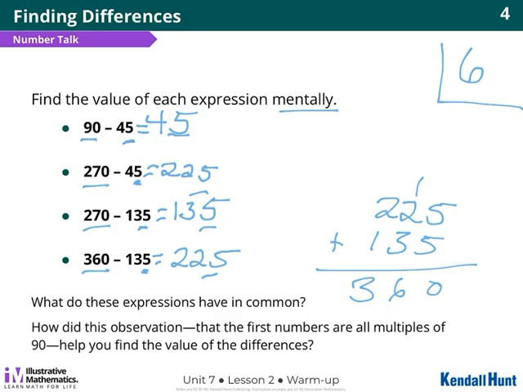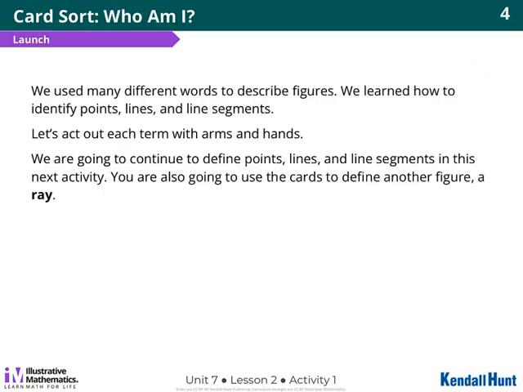So, how did your first observation that the first numbers are all multiples of 90 help you find the differences? Remember, difference is the answer in a subtraction problem. How did that help you find the difference? All right, so moving on.